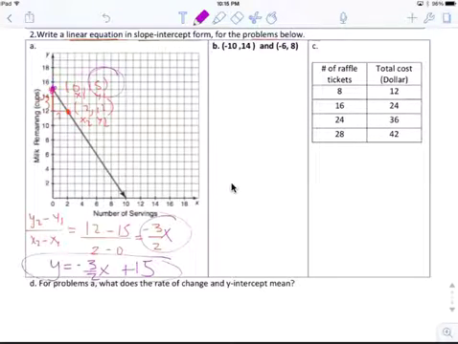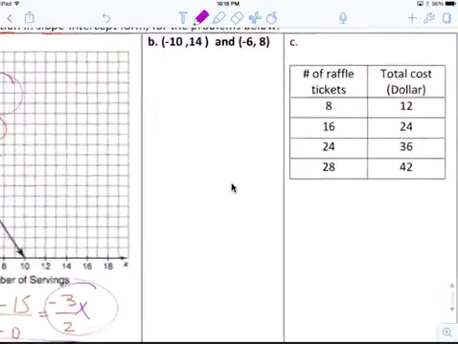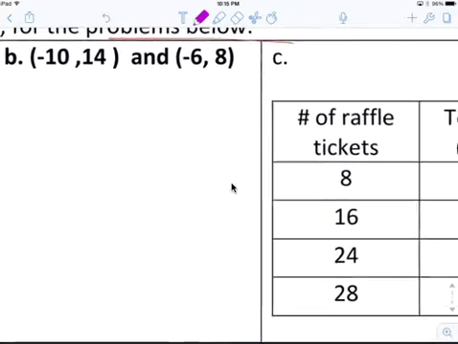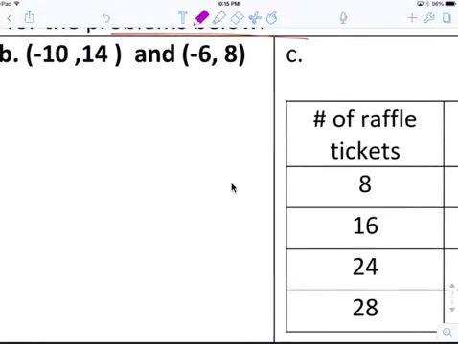They expect you to know either or. Okay, that's the answer. So here, there's no y-intercept, so you have to do y2 minus y1 over x2 minus x1. So this is x1, y1, x2, y2.